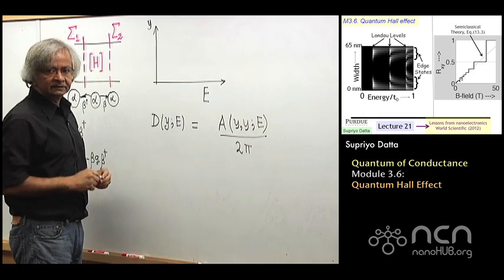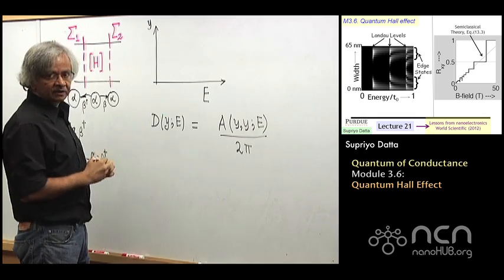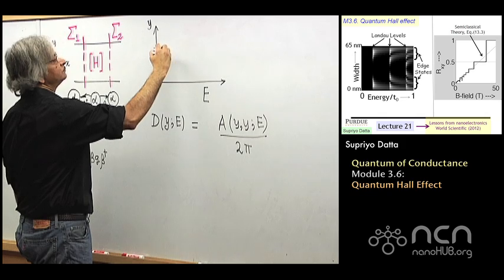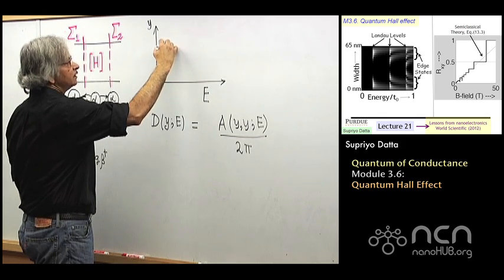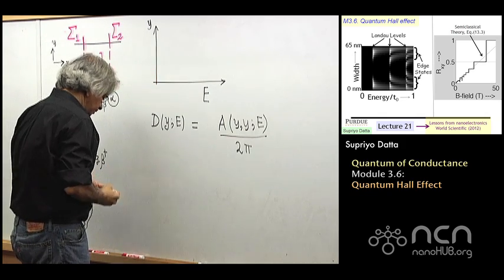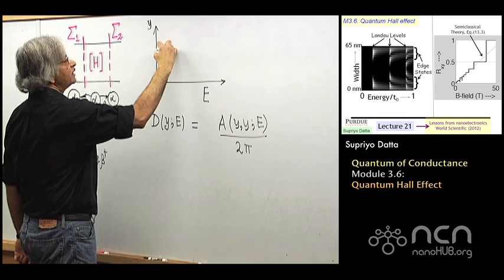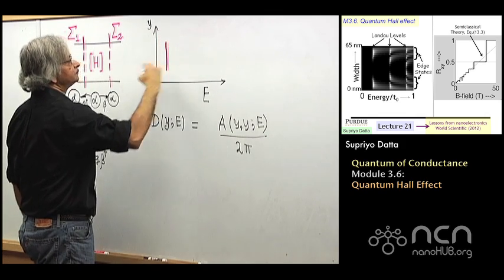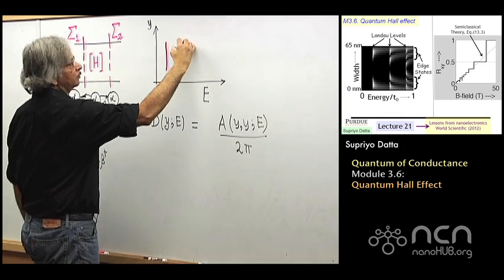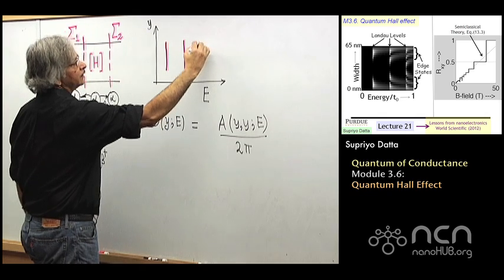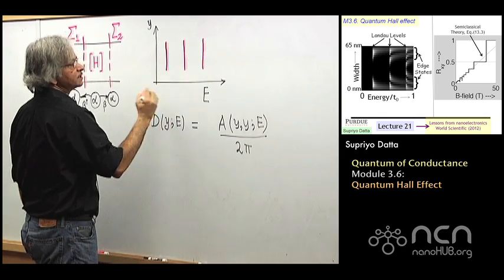But if you do that, one of the first things you'll notice is on the energy axis, there'll be white streaks. Maybe I'll use a red for this. You'll have white streaks like this, and then another one here, and then another one here, equally spaced.